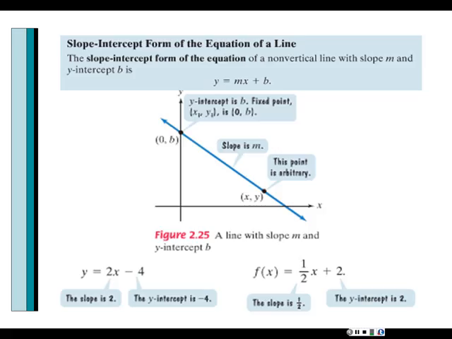It was y minus y1 equals m times x minus x1. In that form, you needed 2 points to get your slope, and then you just need 1 point, either of those two, to get your x1 and y1.